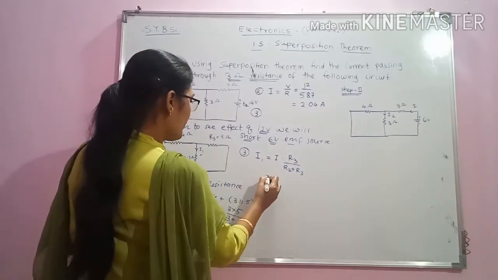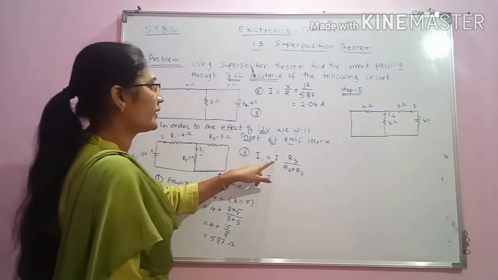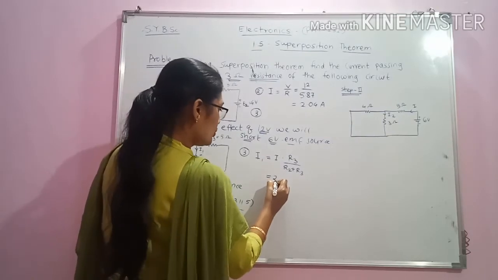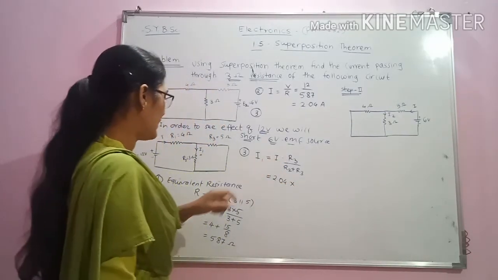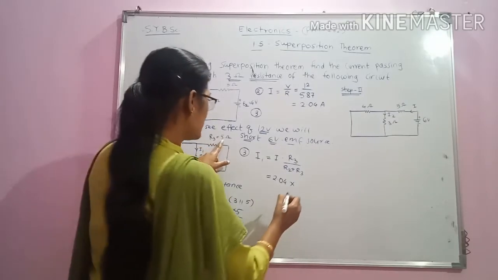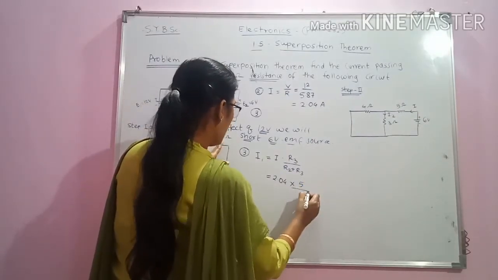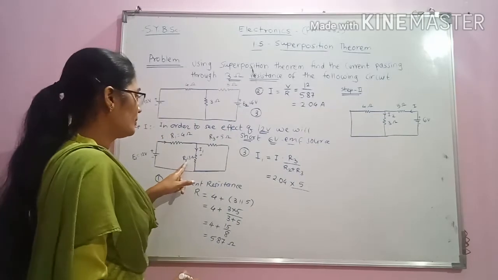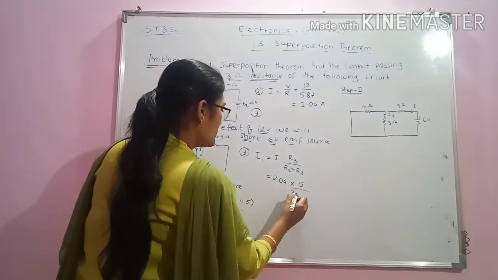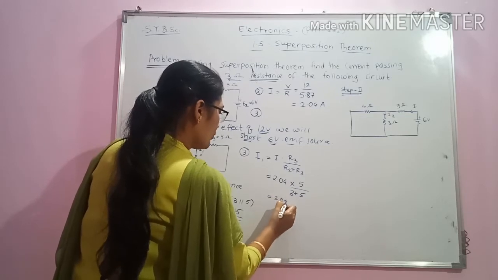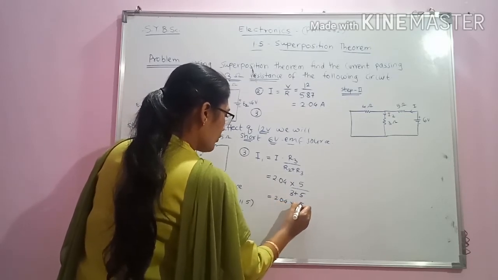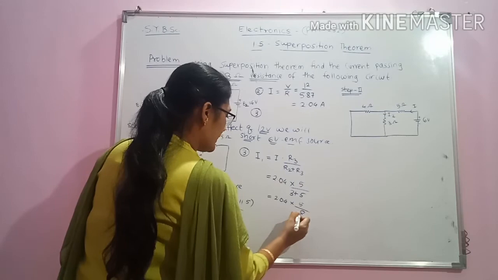Therefore, substituting the value, we have just now calculated the value of I as 2.04, into the value of R3. R3 is given as 5 ohm, divided by 3 ohm plus 5 ohm, which is equal to 8 ohm. 2.04 into 5 divided by 8.